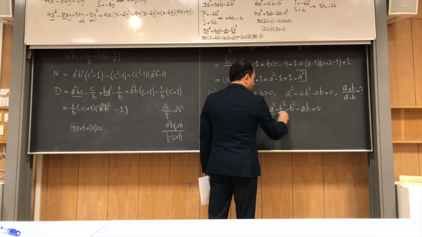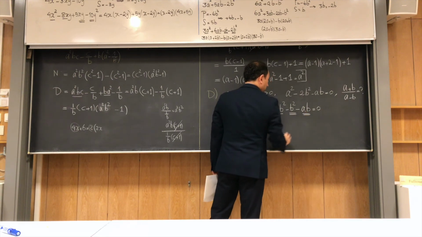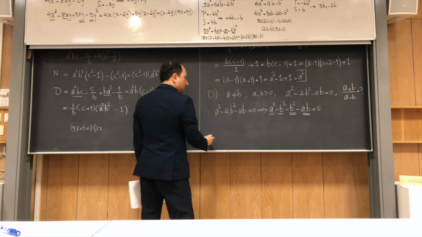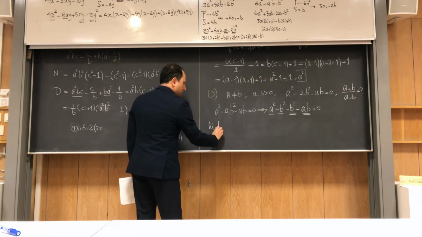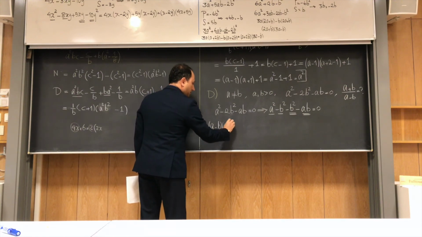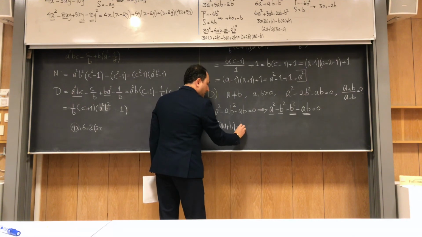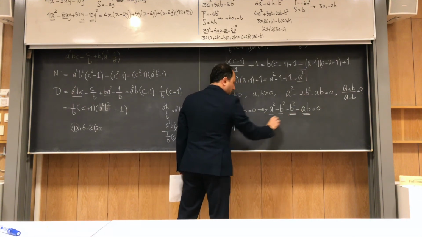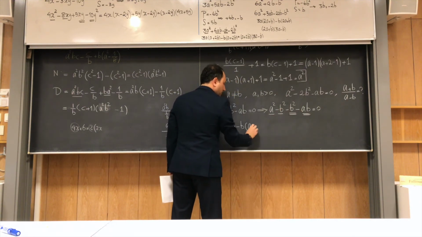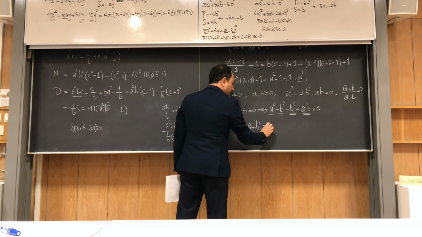I can take these two, and I can take these two together. The first one is a conjugate rule. It becomes a minus b, a plus b. And then between these two, I can factor a minus b out. From this one, positive a is left. From this one, positive b is left. And this is equal to 0.